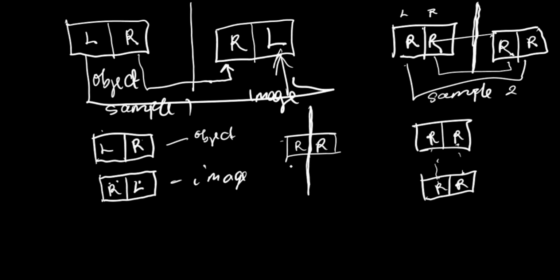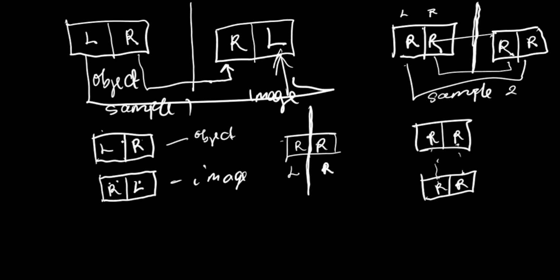Now notice that the left half is identical to the right half. So there's a line of symmetry. The left is identical to the right, and so even when the mirror does the lateral inversion, because the left is identical to the right, when the left is switched with the right, it still remains the same. I don't know if we get the concept, but here we can see that there's a line of symmetry. The left is equal to the right, and so lateral inversion doesn't affect our object in sample 2.